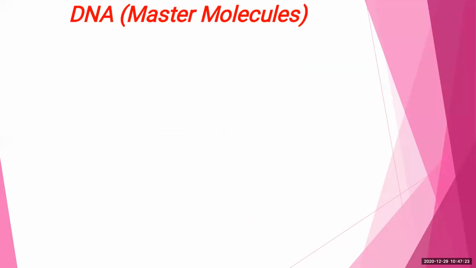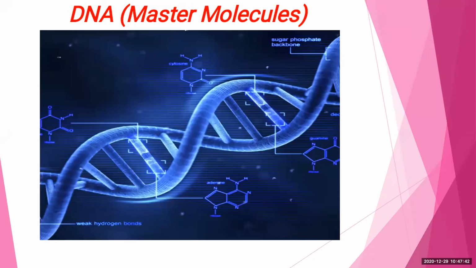Okay, so today we are going to start with the next point of the chapter, that is DNA, right? It is a very important part of the chapter. All of you must know the full form of DNA is deoxyribonucleic acid, and it looks like this, right?